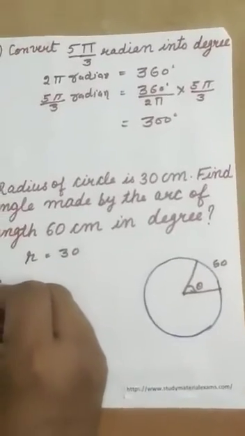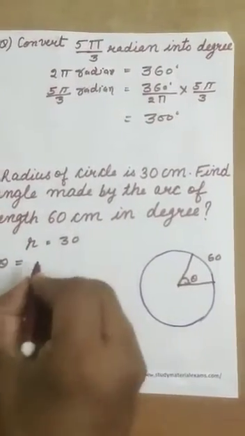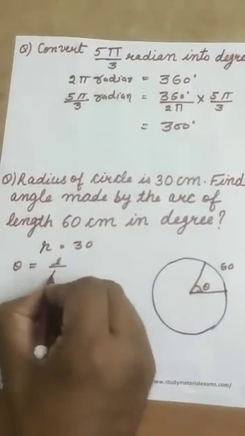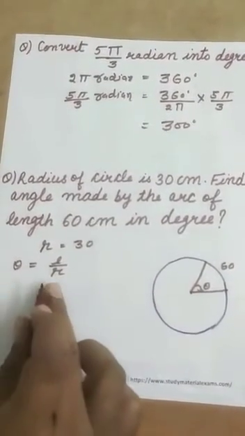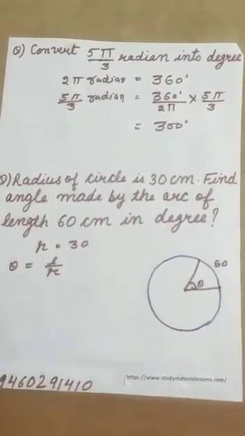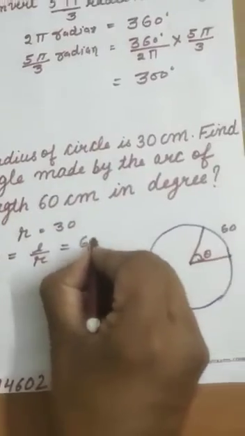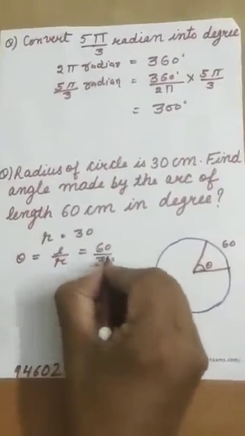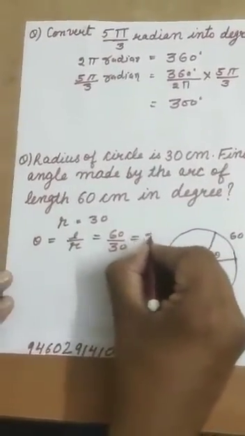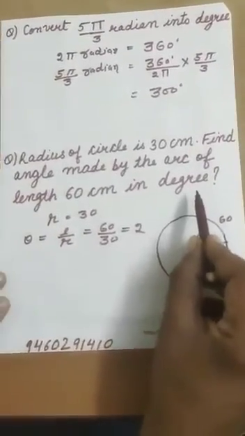Friends, we know that theta equals L by R, but this result comes in radian. Always remember theta equals L by R and it will come in radian. L is 60 divided by 30, which equals 2. What is 2? 2 radian. But we have to find the answer in degree.